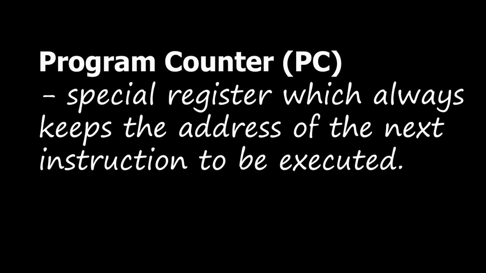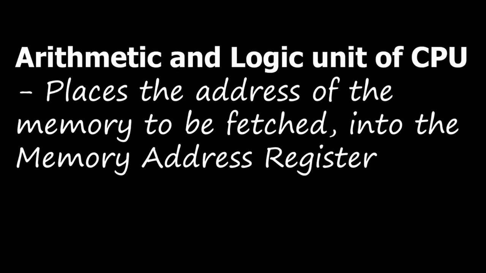And the arithmetic and logic unit of the CPU places the address of the memory to be fetched into the memory address register. We saw the memory address register, right? The memory address register and memory data register are inside the CPU.